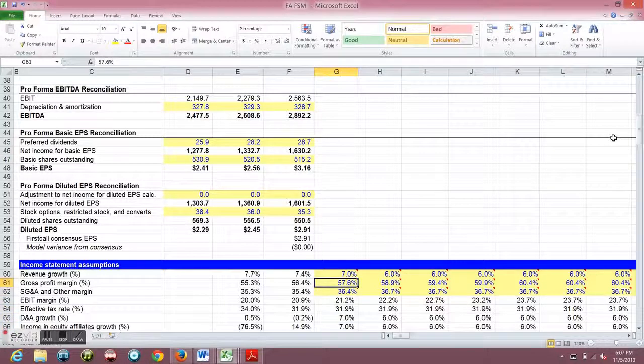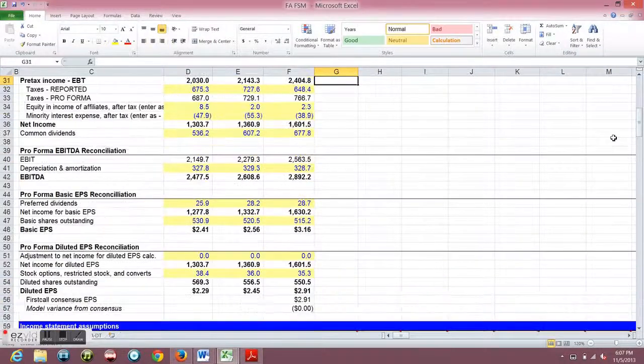But we have gross profit margin. So how do we find out our COGS? Well, again, how do we find gross profit? We do revenues minus COGS, right? Well, this is our gross profit portion. Since 57.6% is gross profit, that means the other percentage is going to be our COGS. So that's what we essentially are going to do over here.